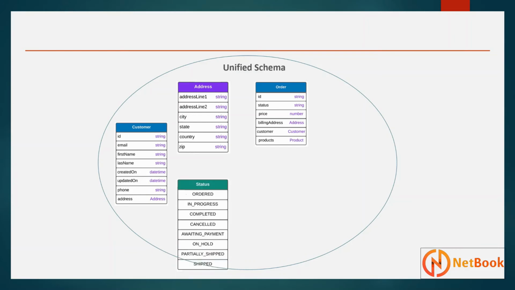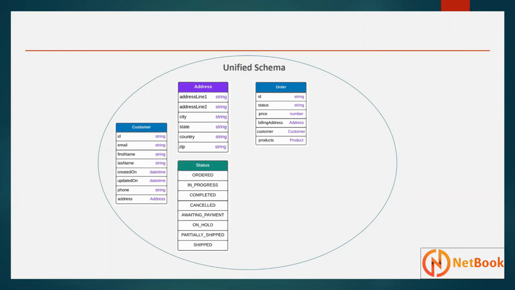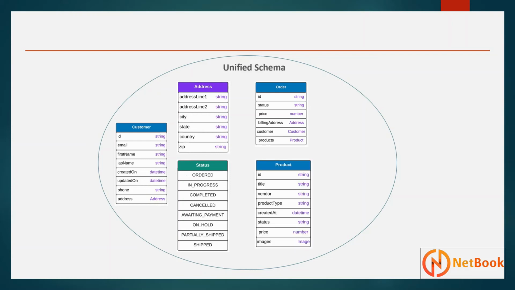Add the order API to the data graph, then the metadata related to the order API will be added into the unified schema. Now, when I add the product API to the data graph, the product API metadata will be stored into the unified schema. Now my organization has 100 APIs. Add 100 APIs to the data graph. All 100 API related schemas will be stored into the unified schema. If I query this unified schema, I can get all my 100 APIs' data within a single API.